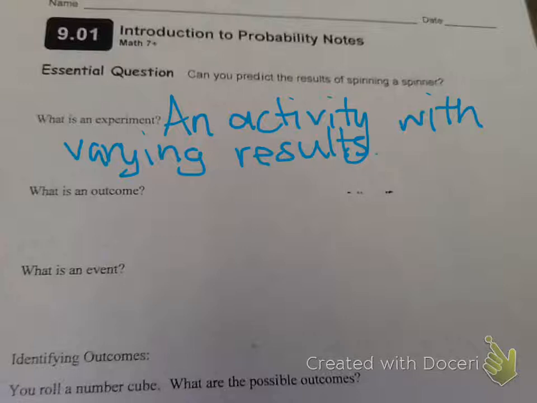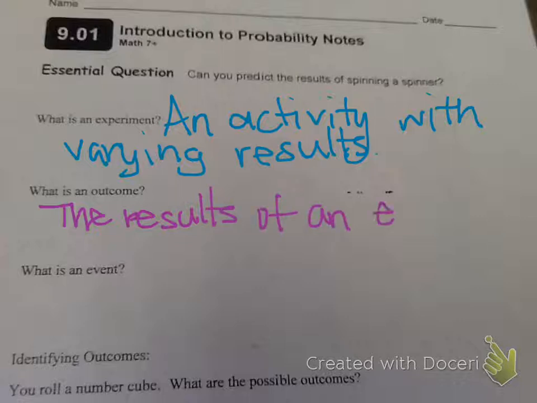An outcome are just the results of an experiment. And an event is a collection of one or more outcomes.